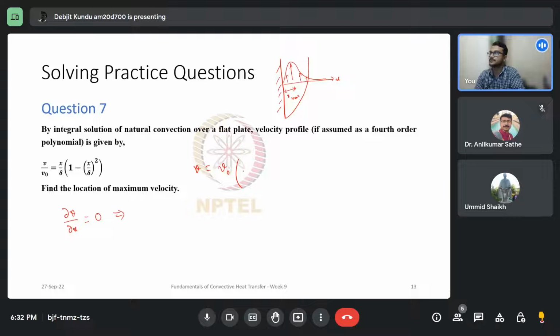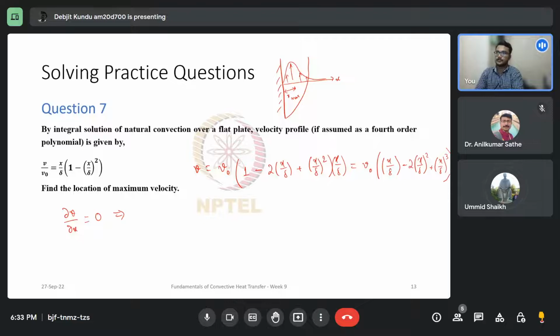So this becomes 1 minus 2 x by delta plus x by delta squared, and this whole thing would be multiplied by another x by delta. So this essentially becomes x by delta minus 2 x by delta squared plus x by delta cubed.